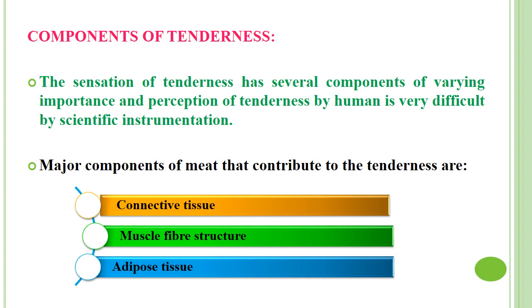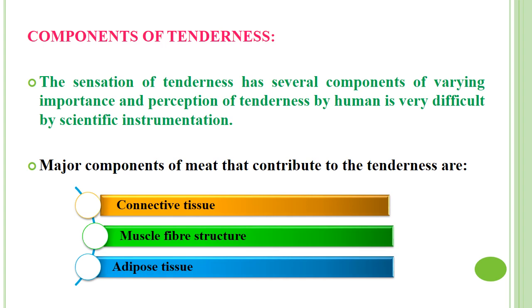The major components of meat that contribute to tenderness are three. One is the connective tissue, which I told you is the three layers of connective tissue on the muscle: the epimysium, perimysium and endomysium. The second is muscle fiber structure, how the muscle fiber is, the muscle bundle size and coarseness; all this has a relation with tenderness.